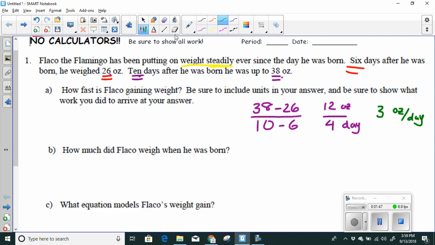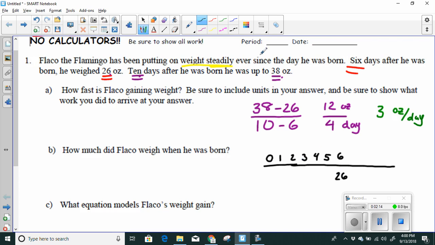Okay, to figure out how much he weighed when he was born, some people wanted to make an XY table. That's okay. Make a table here. We know that at day 6, he weighed 26 ounces. And if it's 3 ounces per day, we could just count back the days: 5, 4, 3, 2, 1, 0. Day 0 would be the day he was born.